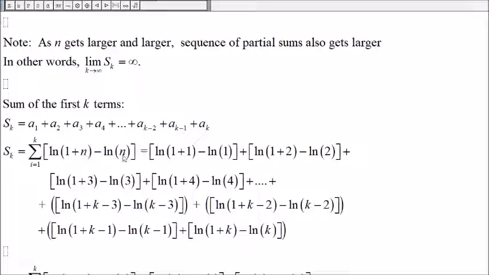The term before the kth term is the k minus 1 term, so in the place of n we have k minus 1. Before that is the k minus 2 term, so in the place of n we have k minus 2. And before that is the k minus 3 term, so we have k minus 3.